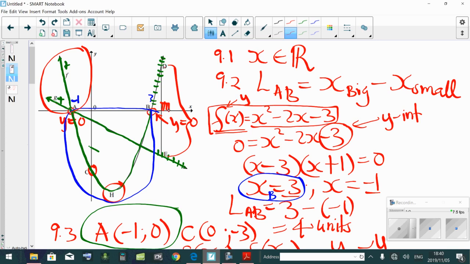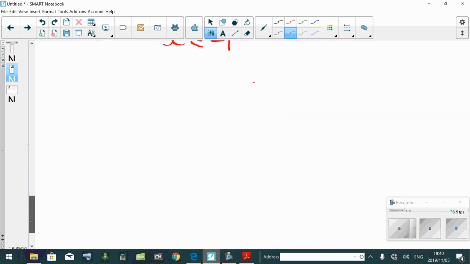In any case, to find the length of DE, we're told that this is 7.5 units. So we're interested in the value of x that makes that possible. If we take DE as a length that we need to calculate, we would obviously say y big minus y small.